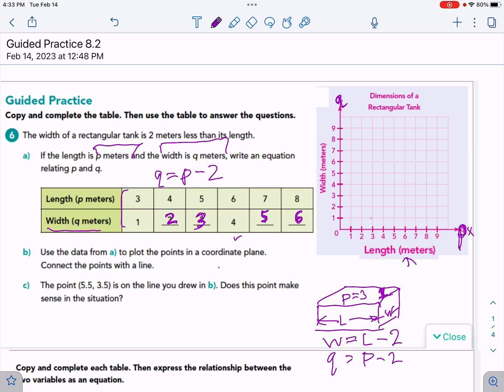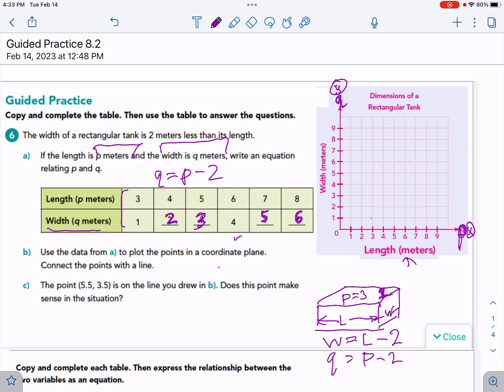So this is x, and this is the equivalent of y, x being the independent variable and y being the dependent variable. In this case, the independent variable is p for length, and the dependent variable is q for width.